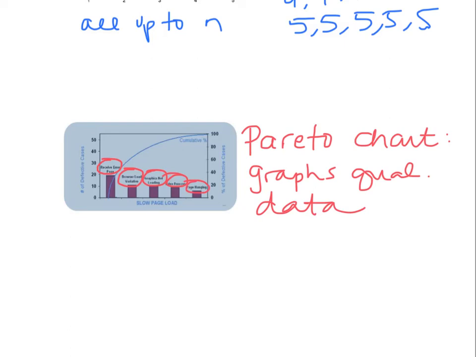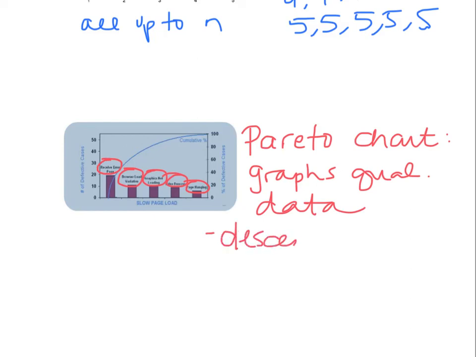So just under 20 people said they received an error page. About 10 people said that their browser load, I can't read that word because it's so small. But those are our reasons. Okay, so we could also put this on a pie chart. But this one's a Pareto chart, and it shows the qualitative data, and it always shows it in descending order.